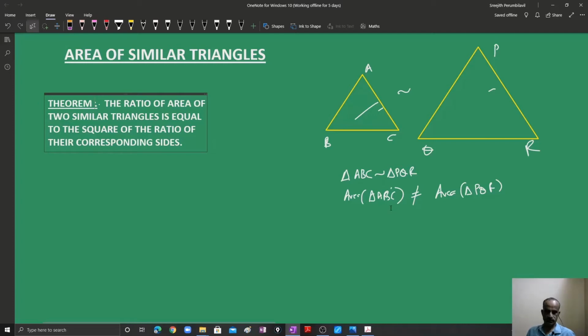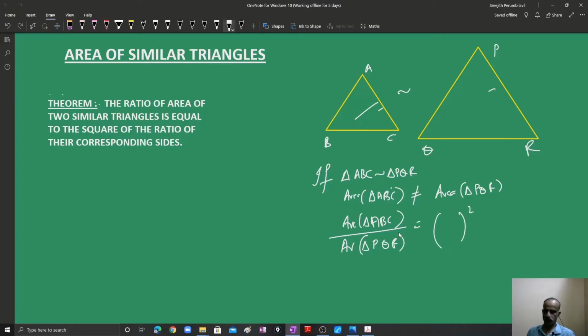That is, it says that if triangle ABC is similar to triangle PQR, then the ratio of their areas, that is, area of triangle ABC by area of triangle PQR, is equal to the square of what?